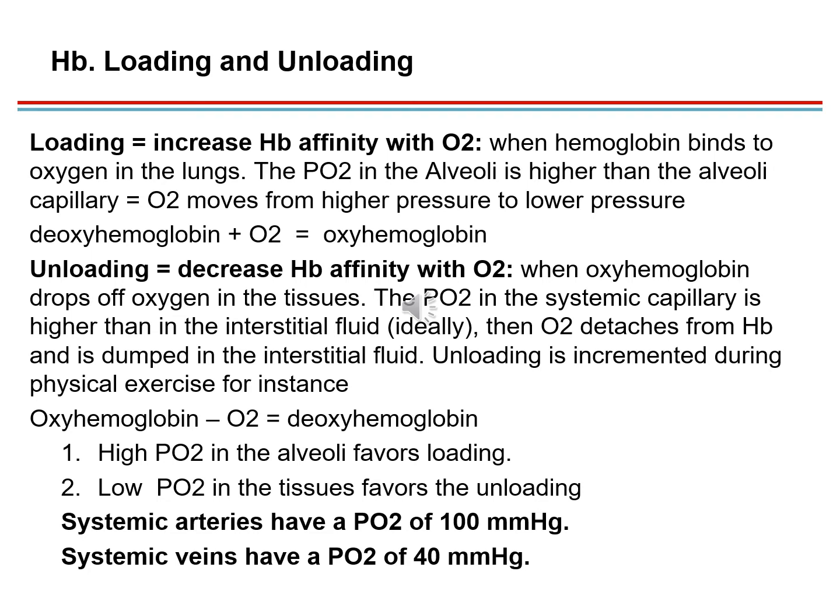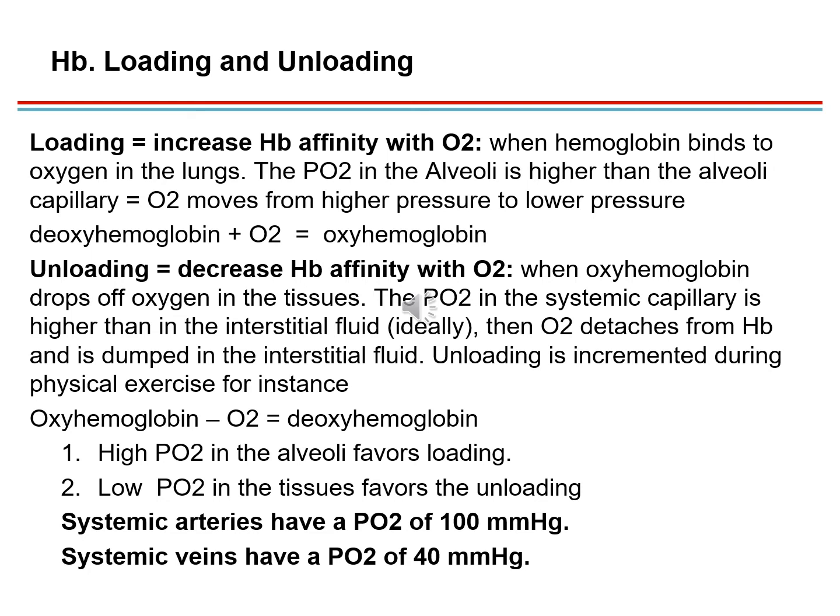In other words, high pressure of oxygen in the alveoli favors the loading, and the low pressure of oxygen in the systemic capillaries favors the unloading. Now, the systemic arteries have a pressure of oxygen that is an average of 100 millimeters of mercury, and the systemic veins have a pressure of oxygen that is an average of 40 millimeters of mercury.